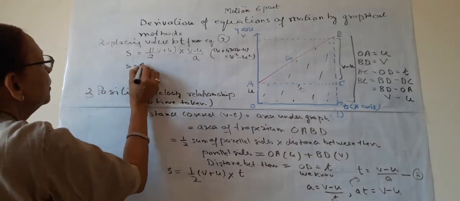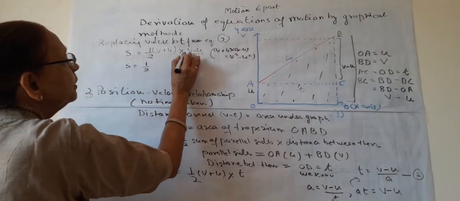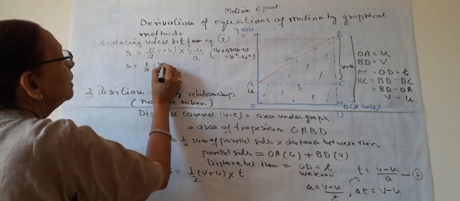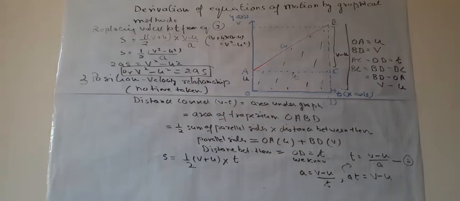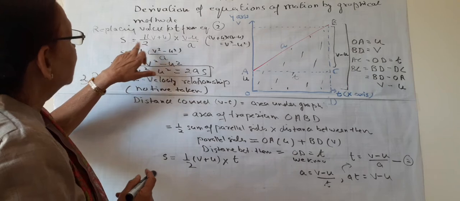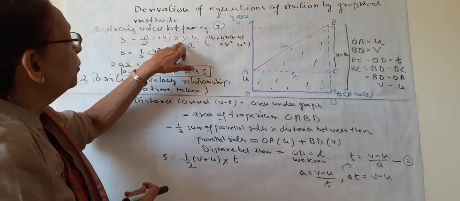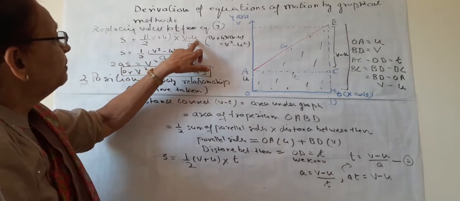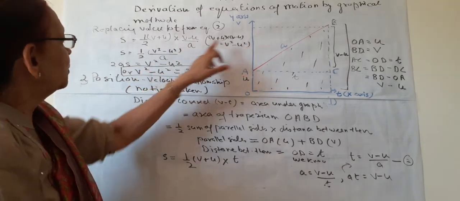So s is equal to half (v plus u) into (v minus u) upon a. (v plus u) into (v minus u) is v square minus u square.